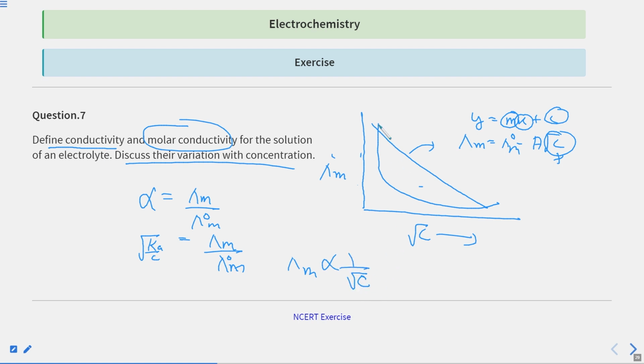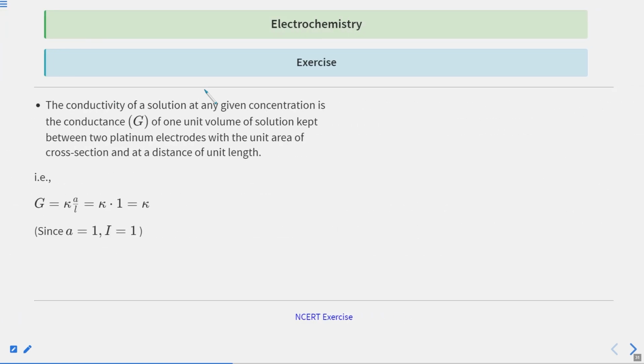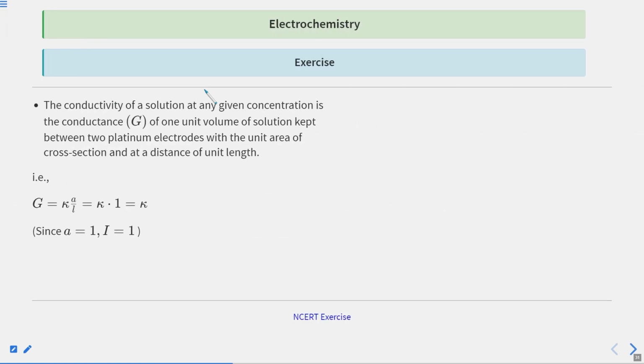So we got this kind of graph that it is dipping. Okay. Is it clear to all of you? Right. So we are done with this question. Let us see the solution. The same thing is written, the formulas are mentioned. You can just work out with the formulas. Once you get the concept, it is easy to do so.